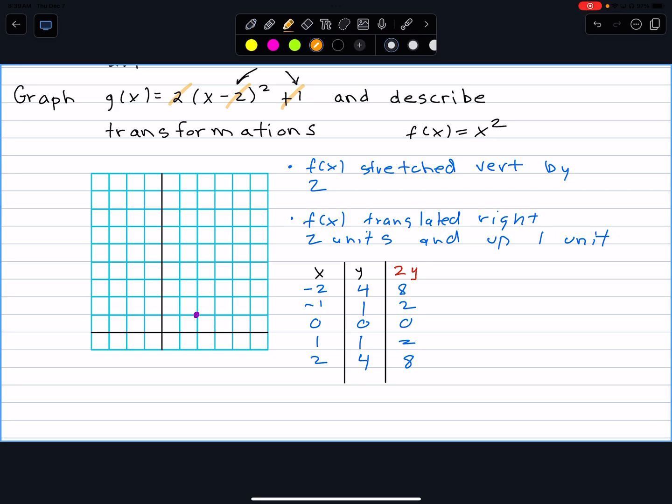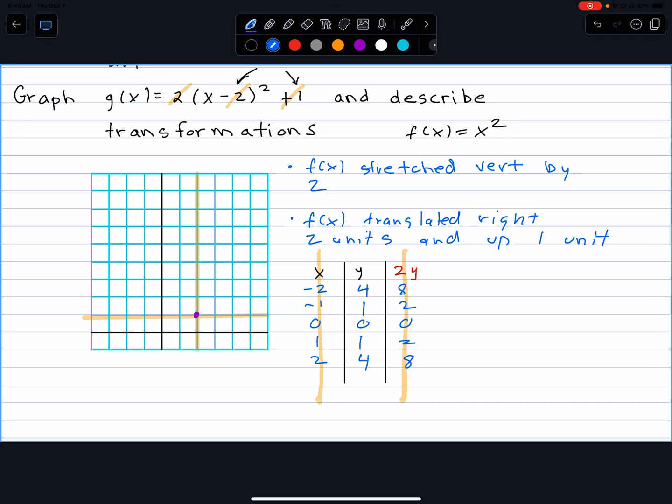Reminder, this is my x's, this is my y's, and I'm going to treat this point right here like it's 0, 0. So I'm kind of imagining, or you can do it really lightly if you want to, there's a coordinate grid going right through there. So I'm going to plot my graph using the table that I found. So 0, 0 is already plotted.